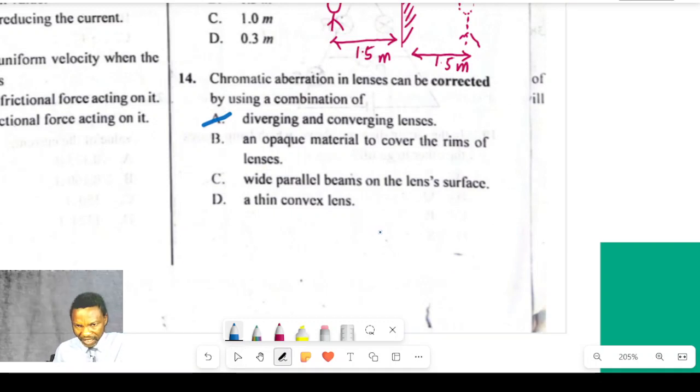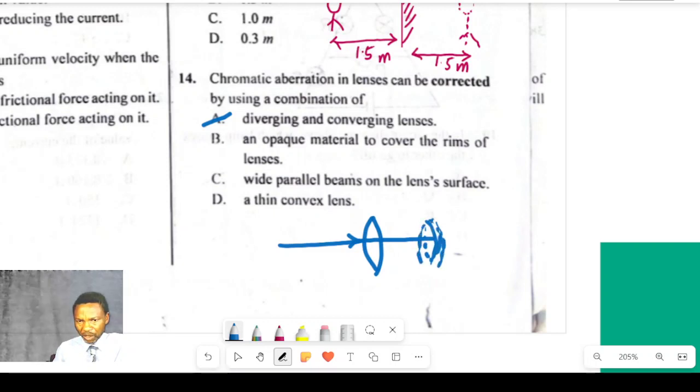Chromatic aberration is this: if you use a lens to view an object, the image that is formed by this object has an overlapping of color at the side. So it creates an aberration. Color overlaps and the image is not clear.